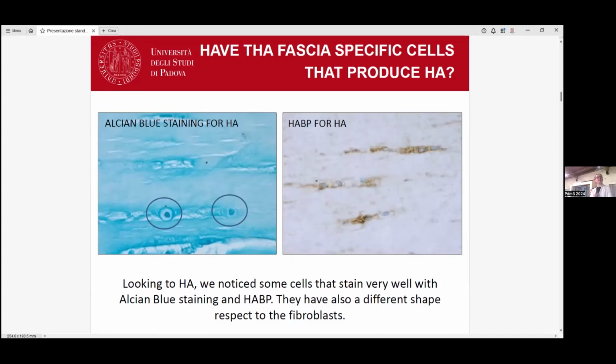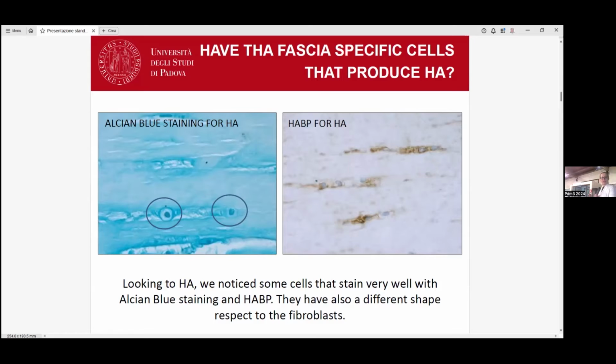Here you can see the cells that have a round shape, are in the middle of the fascia, but above all are organized as a small cluster on the surface of the fascia.